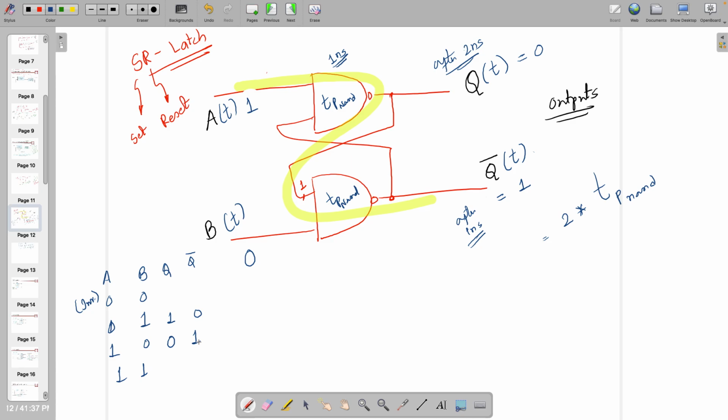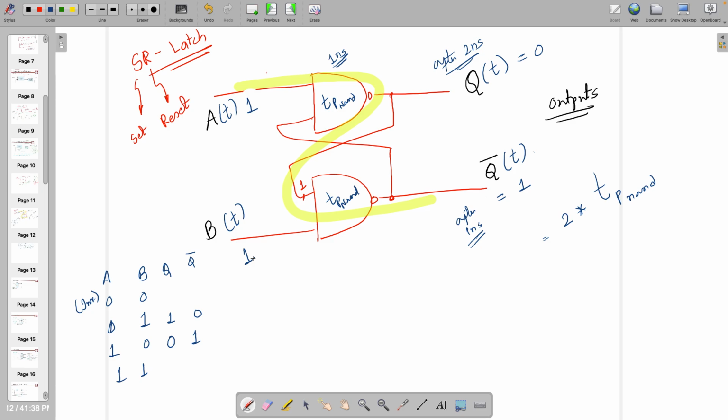What will happen if both are 1? That's the 4th case. If both are 1, then what's the output? No, how do you know that it's invalid? No, the outputs are not 0.